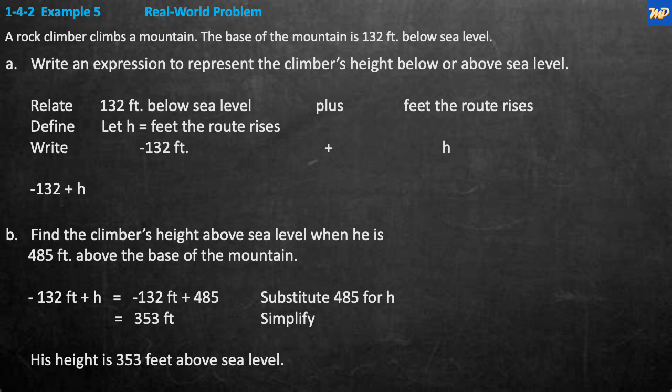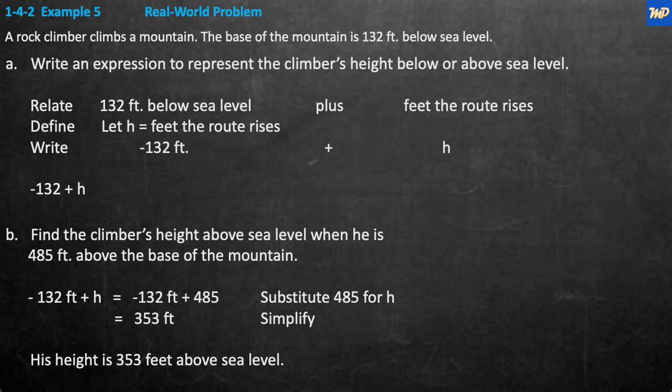So we're going to start off 132 feet below sea level plus the feet the route carries the climber as he or she is going up the side of the mountain. So define, let h equal the feet the route rises, right? How far the climber goes up or doesn't go up, whatever that might be. So write the new equation.